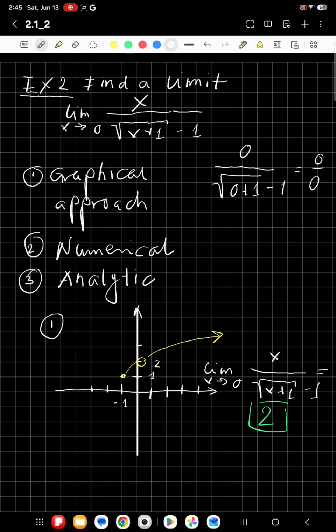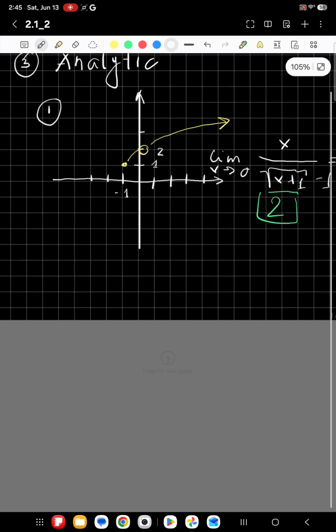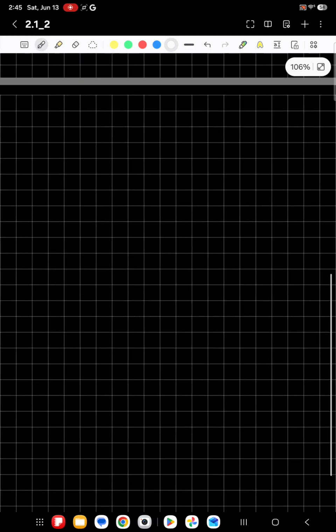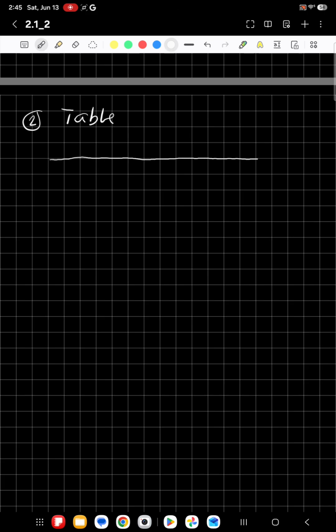The second was the numerical approach. So let's make a table. This is number 2. A table with values where x is getting closer and closer to 0.